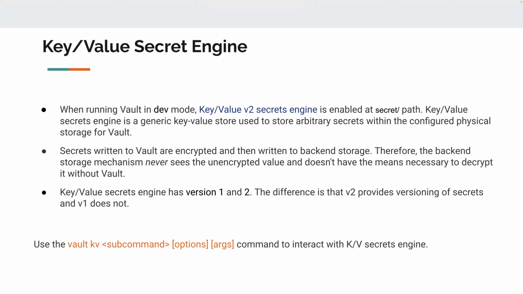The secrets written to the Vault are encrypted, and again written in the backend of the storage. Whatever your storage backend is, it's gonna be in an encrypted manner. That mechanism works, but you can't see it with the naked eye. So I would say the whole backend encryption mechanism works in the backend.